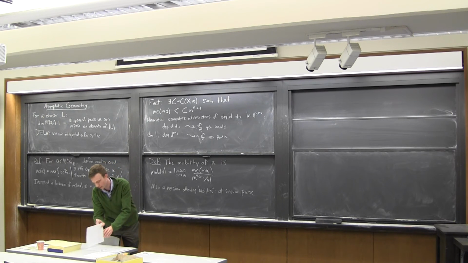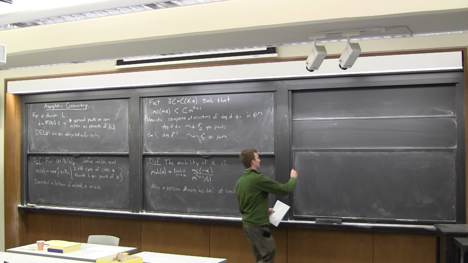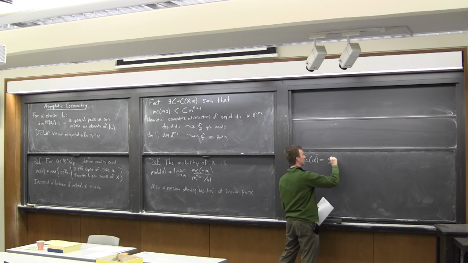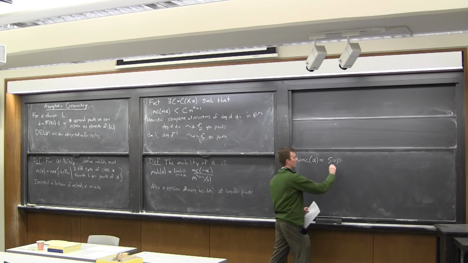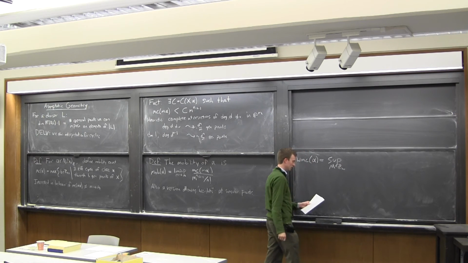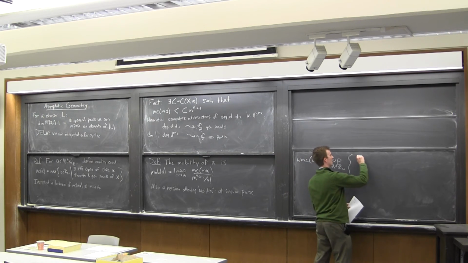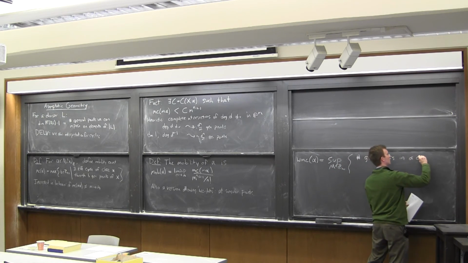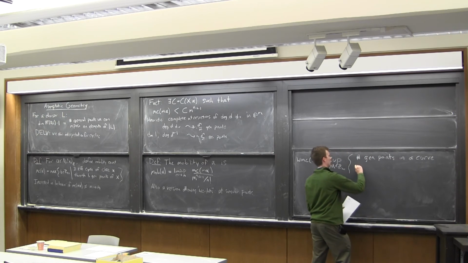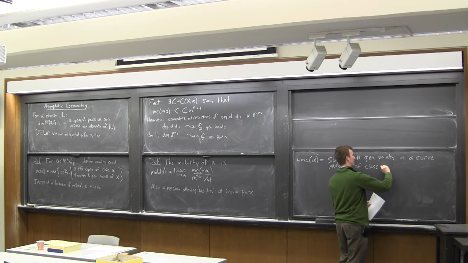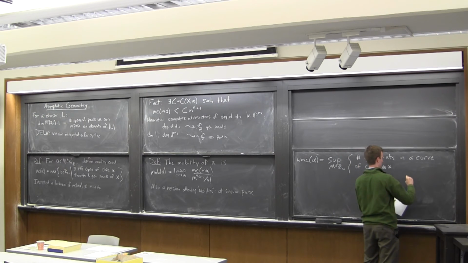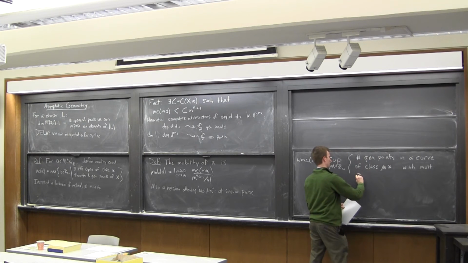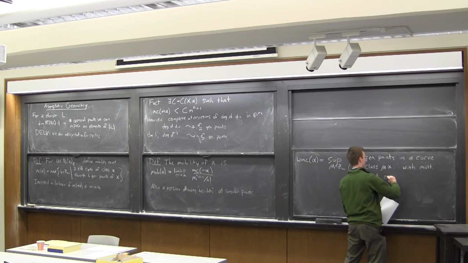So this definition is a little bit harder to grasp at first. The weighted mobility count of alpha is the supremum over all positive integers mu of the number of general points in a curve of class mu times alpha with multiplicity at least mu at each point.